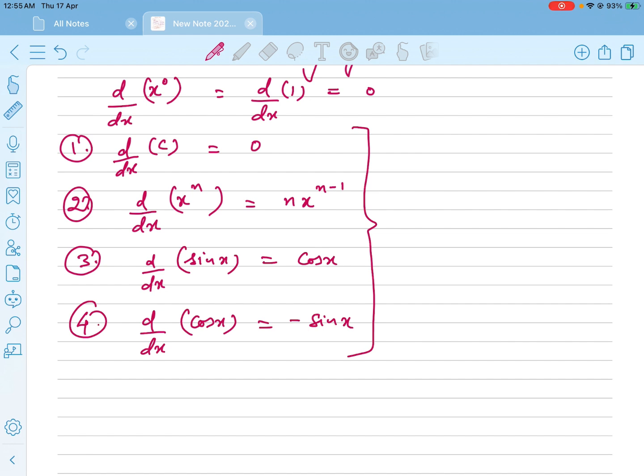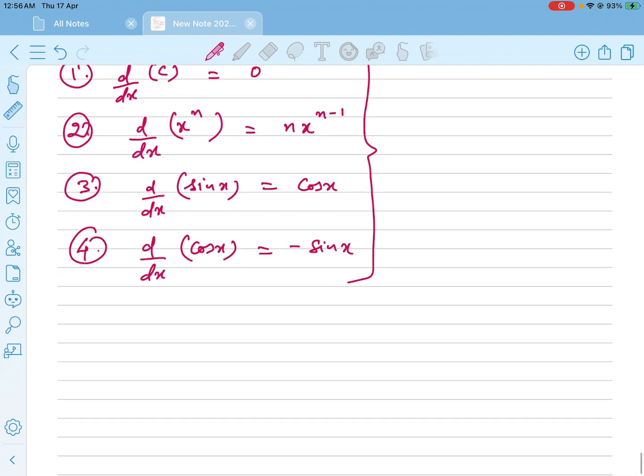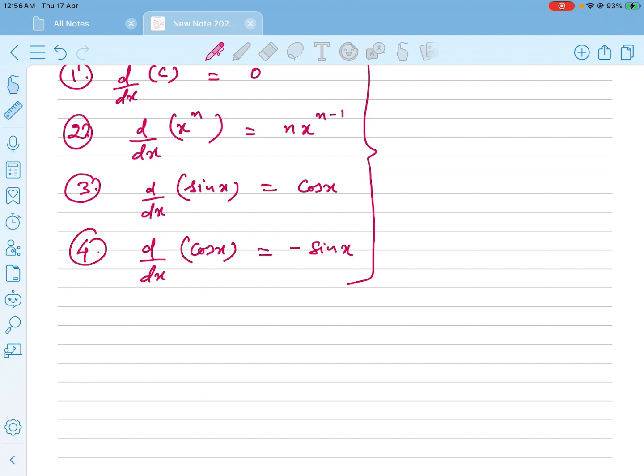But here I would like to add something. This sin x is the basic function. When we are finding the derivative of sin x, it is cos x. It's a very basic function. But in the applications which we are going to work with, they will be having a number written next to x. Like for example, if I say find out the derivative of sin 3x, right?